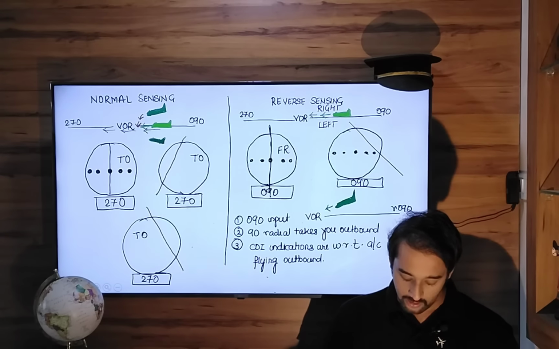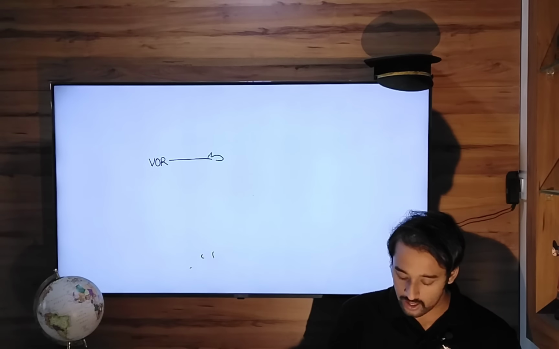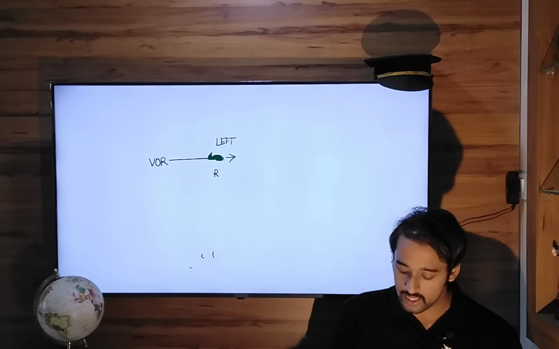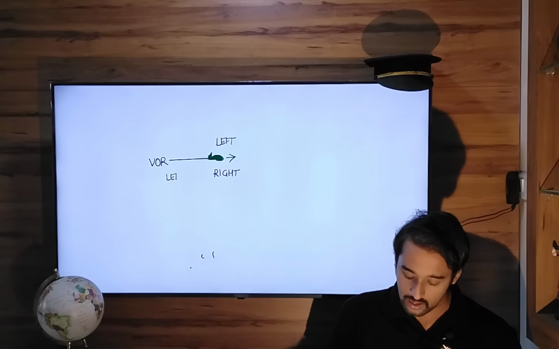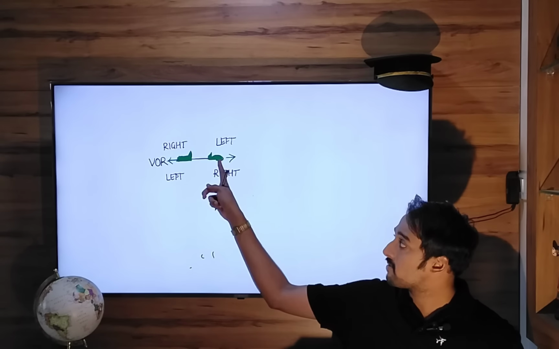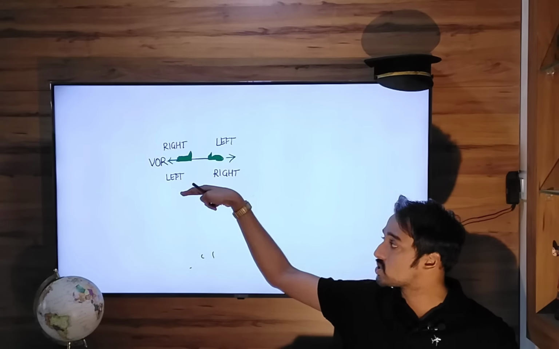But if you are flying away from the viewer, this will be your left hand side and this will be your right hand side. Understood? So flying away from the viewer, this is your left, this is your right. Flying towards the viewer, that is your right side and this is your left side.